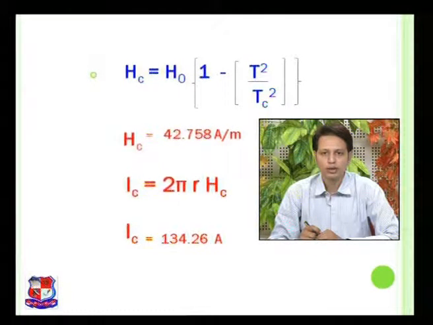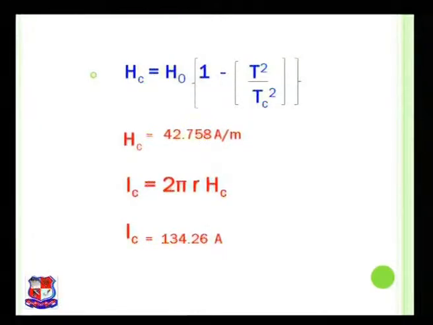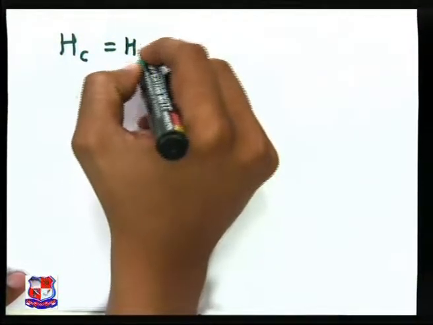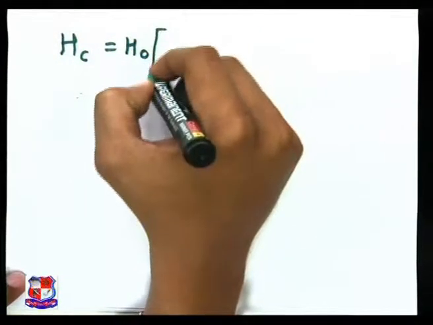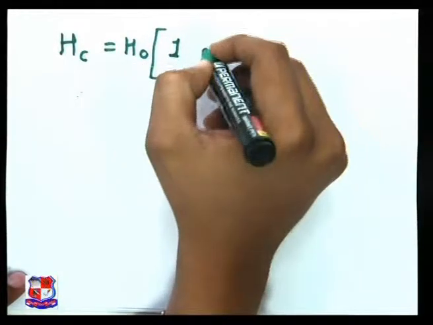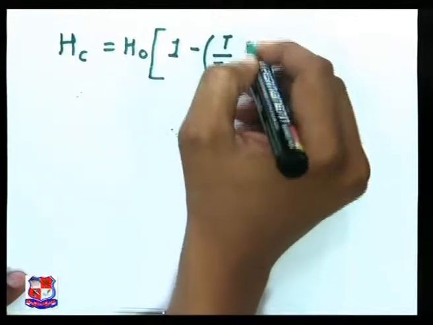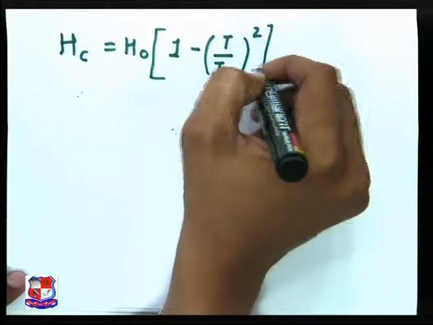Let me show you how we have substituted the values on this board. Here the equation is Hc is equal to H0 into 1 minus T upon Tc raised to whole square.